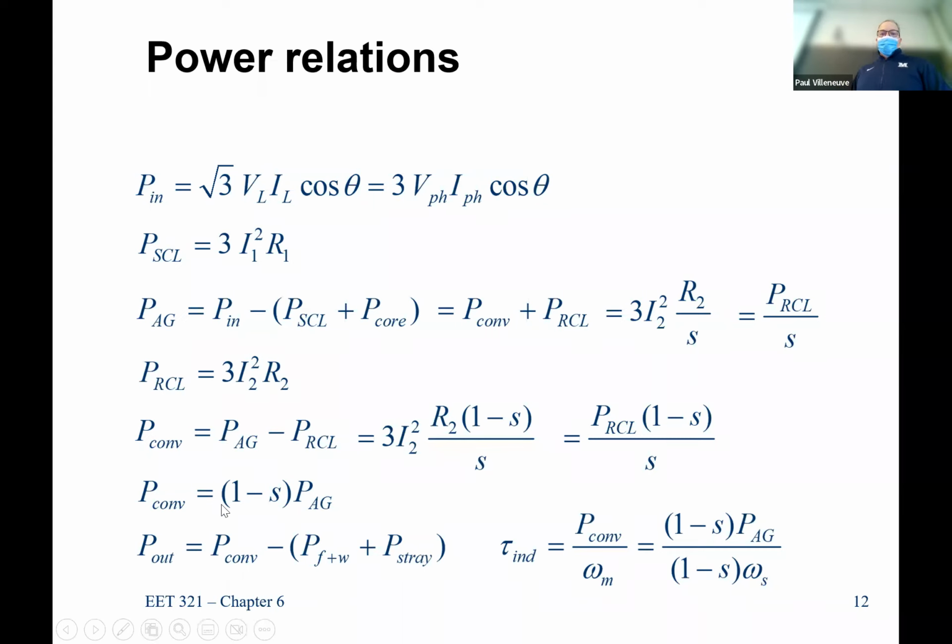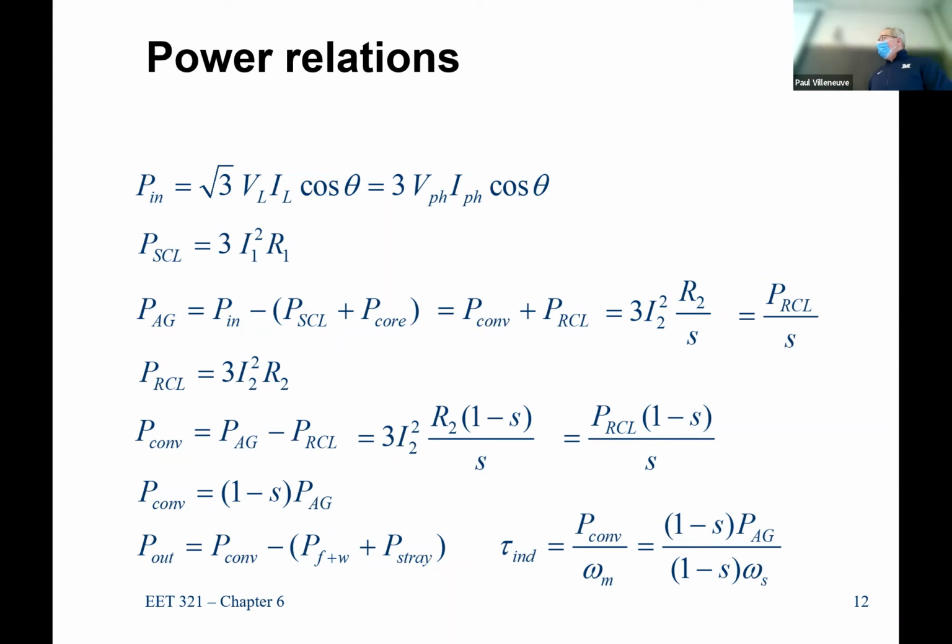Now, our converted power, we substitute our rotor copper loss here. Do a little bit of math. Our converted power is (1 minus S) times our air gap power.